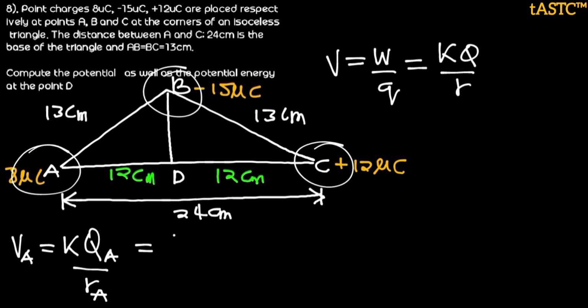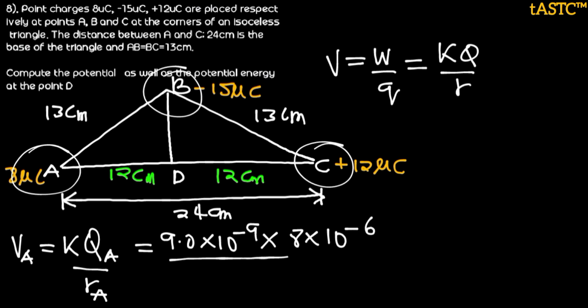So K, that is 9.0 multiplied by 10 to the 9. This is going to be multiplied by Q sub A. So that is 8 microcoulomb, that is 10 to the negative 6. So here we're going to have an R. Now, the distance between that is 12. So this is going to be 12 multiplied by 10 to the negative 2.